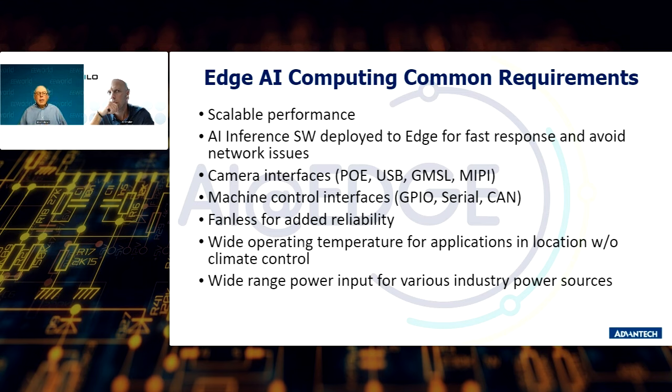How have they become more powerful? I mean, processors get more powerful all the time, but how has there been a big jump in the computing power going into industrial PCs, industrial computers, to handle the AI?